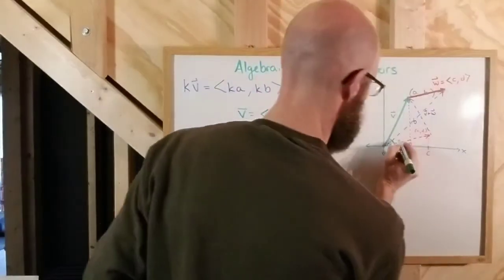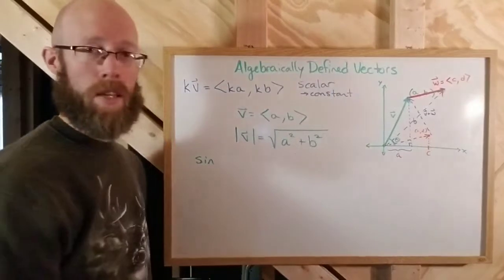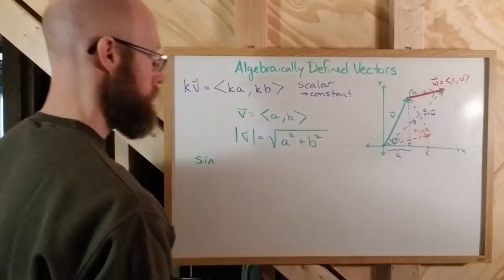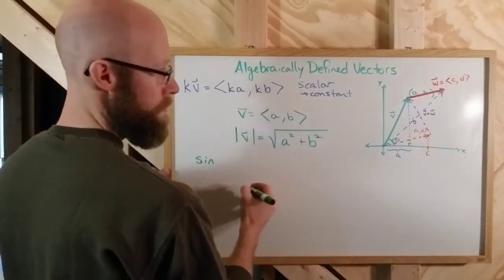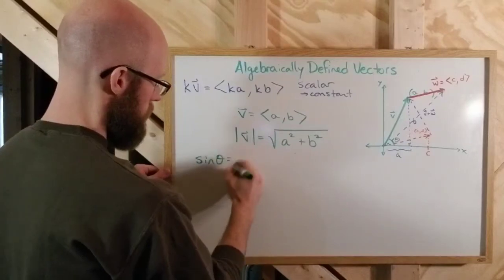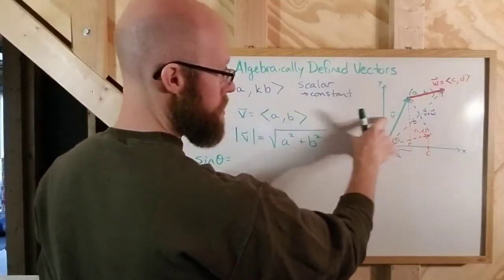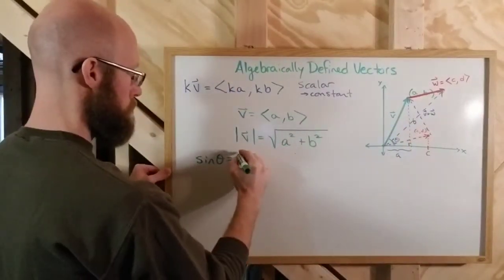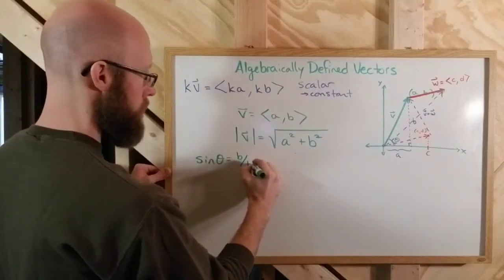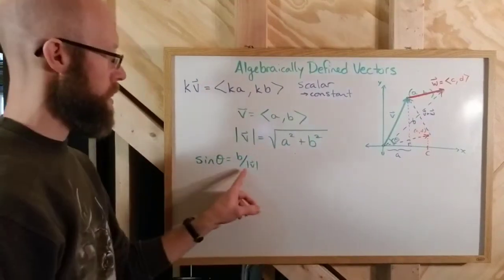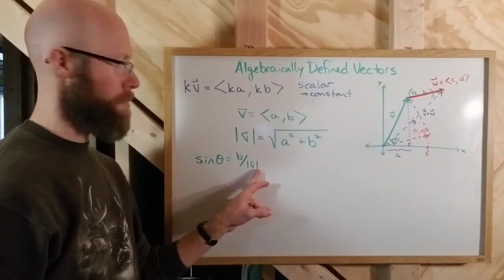Theta? We'll call that angle theta. So theta being the direction of the vector, the sine of theta is equal to opposite over hypotenuse. That would be the b value over the magnitude of v, right? Because the magnitude is the hypotenuse.